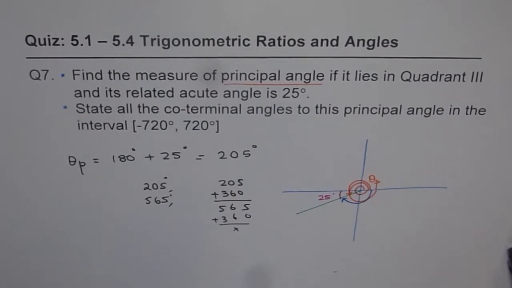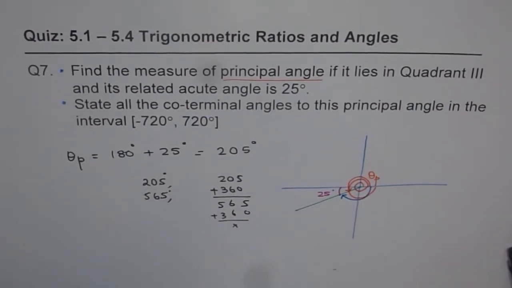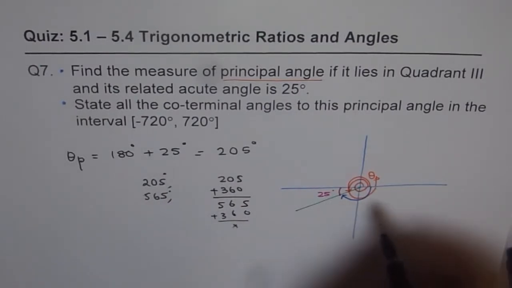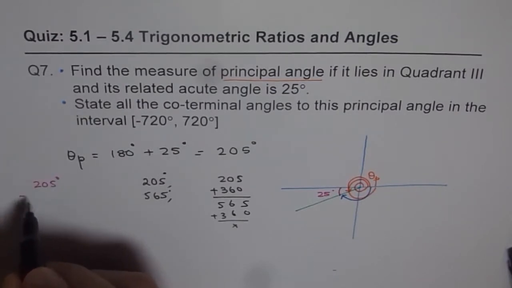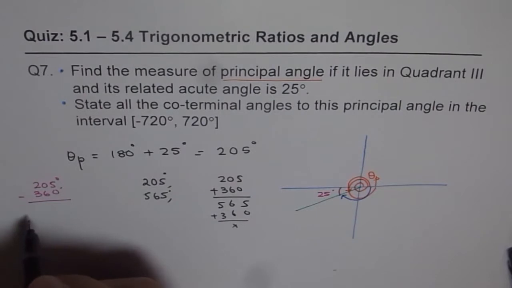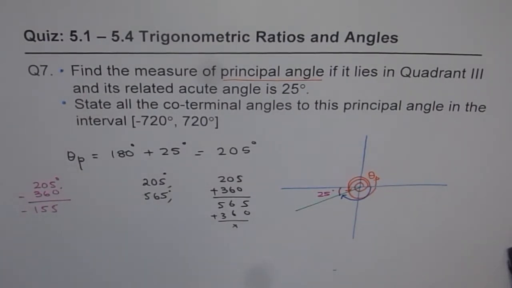With the calculator, we get minus 155. So these are the other values.